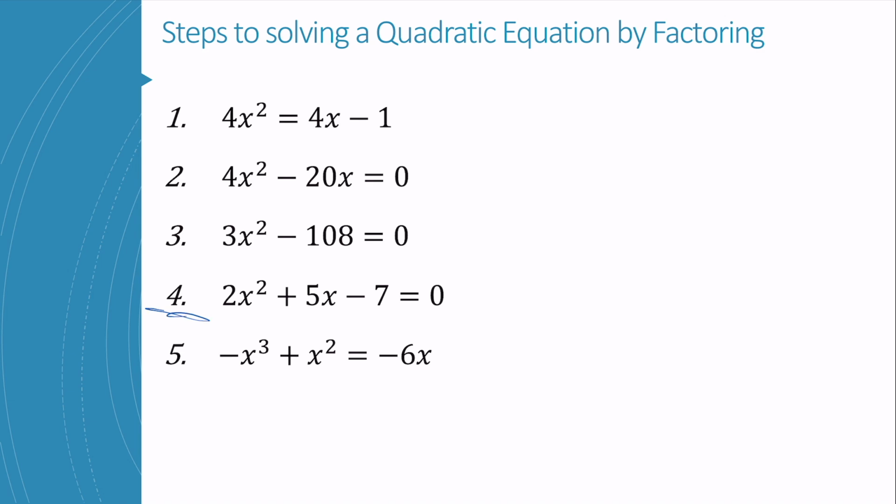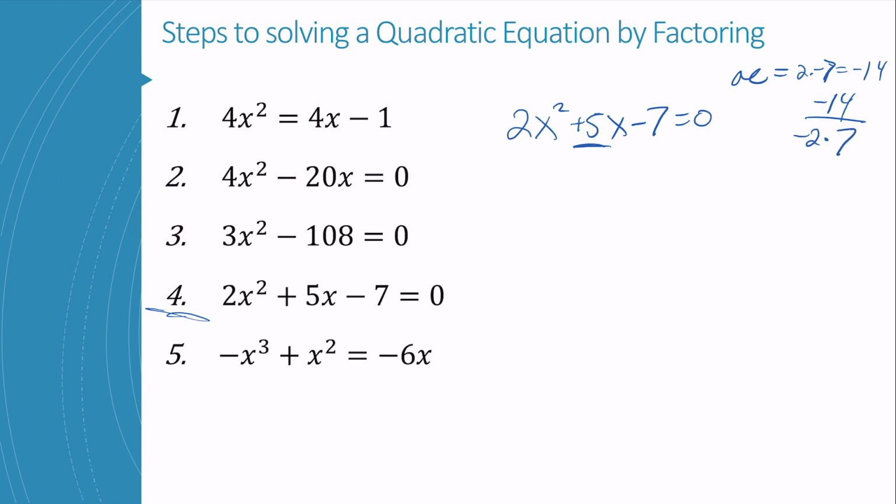Problem 4, I have 2x squared plus 5x minus 7 is 0. I want to find the factors of AC that add up to B. AC is negative 14. Some factors of negative 14 that add up to a positive 5 could be negative 2 and 7. So I have 2x squared minus 2x plus 7x minus 7 is 0, and I factor by grouping.